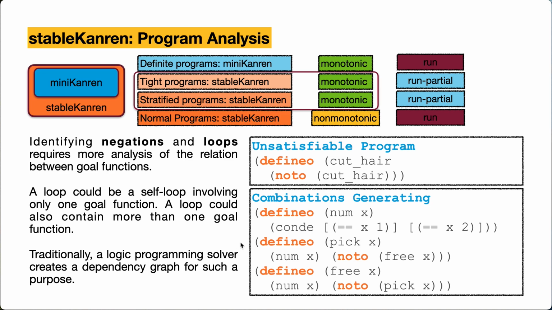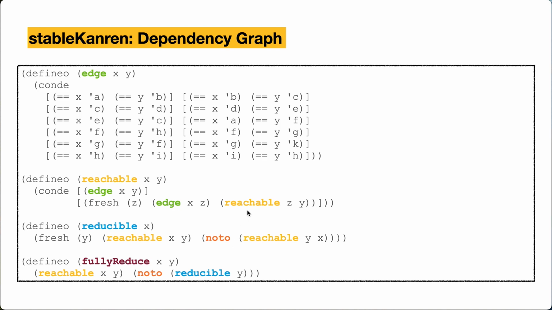So traditionally, a logic programming solver will create a dependency graph for such a purpose. So let's look into another problem, the final SCC problem here. For example, here we have 4 goal functions: edge, reachable, reducible, and fully reduced. And every time there's a nottle, we will draw a negative edge between the 2 goal functions.